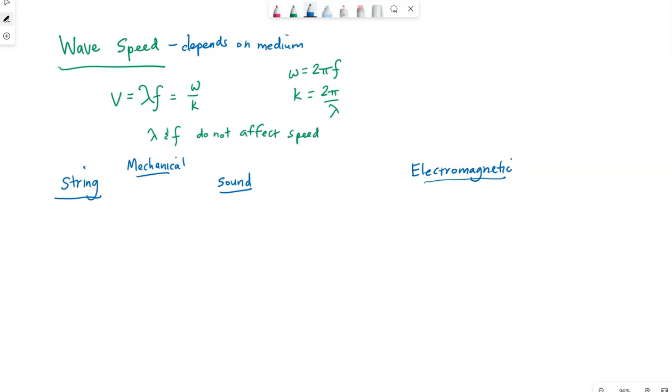All right, so the wave on a string. If you've ever seen a guitar or a violin or a cello, all these different stringed instruments, the speed of the wave on the string is determined by two things. It's determined by the force of tension in the string, so how tight the string is.